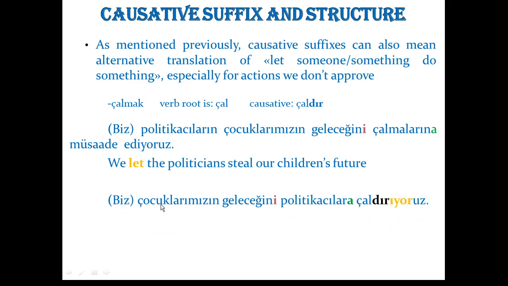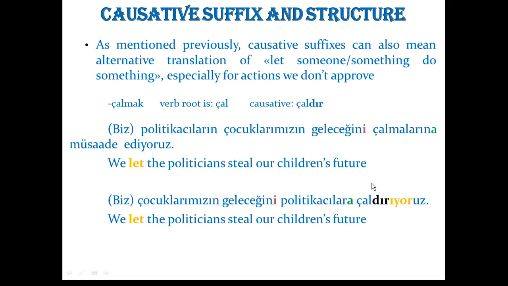But we can also use this causative structure as an alternative translation of this one, like this: we let the politicians steal our children's future, because that is an action we don't approve. Actually what we regret from this.